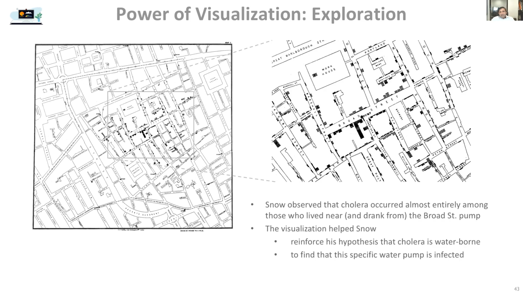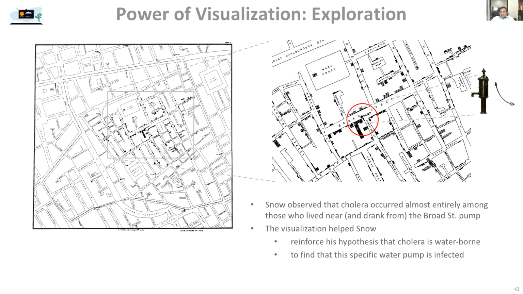Snow observed that cholera occurred almost entirely among those who lived near and drank from the Broad Street pump, which was this one. There was a cluster of cholera cases around the pump, and eventually the removal of the pump's handle prevented additional cholera deaths.